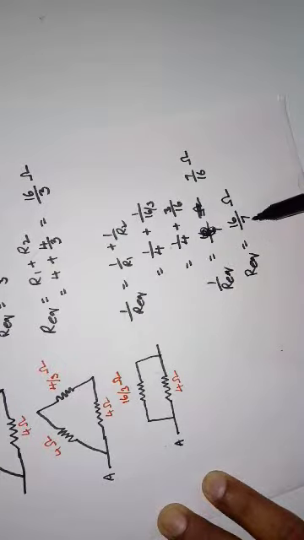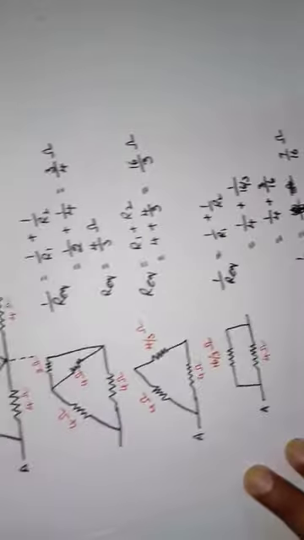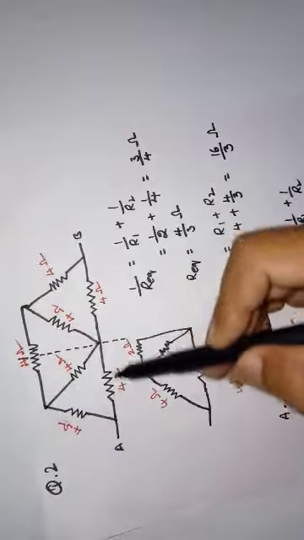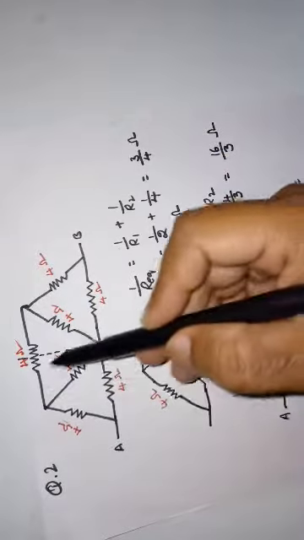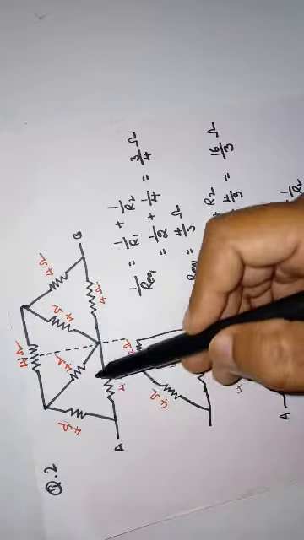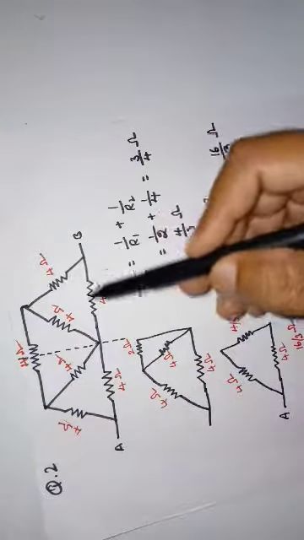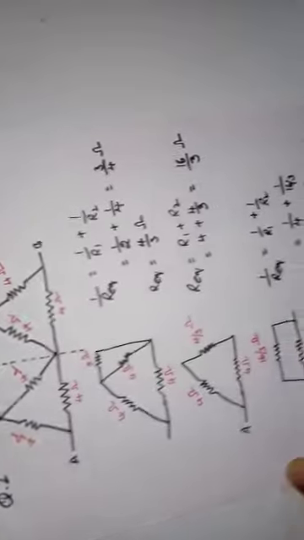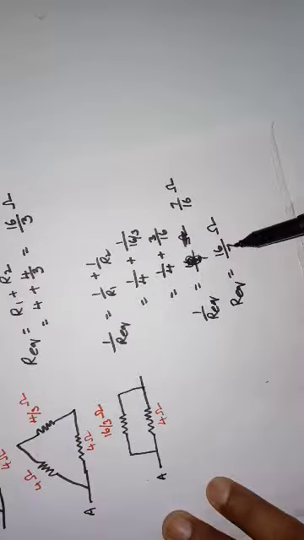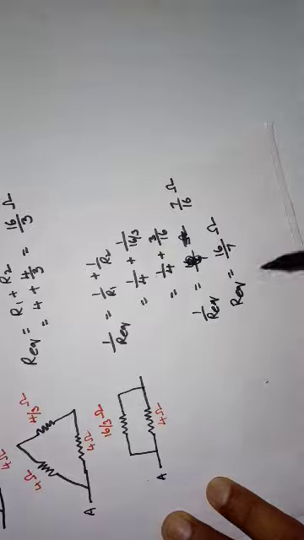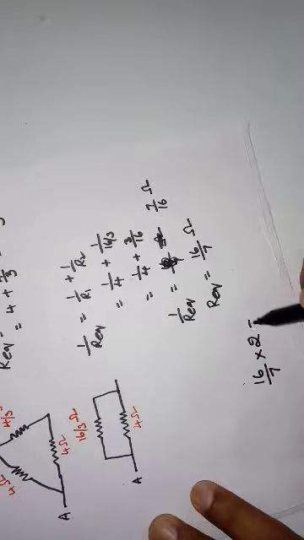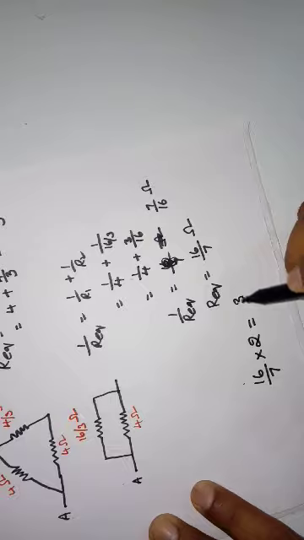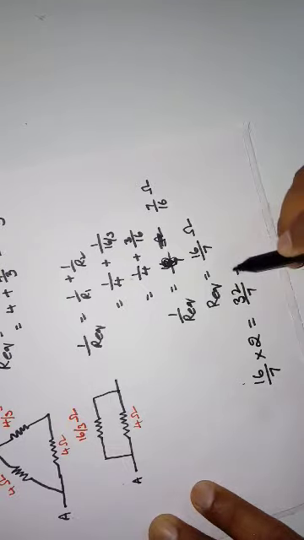So this is the equivalent resistance of half of the circuit. As this is a symmetrical circuit, we have calculated the equivalent resistance of the first half, and if we want to find the total equivalent resistance, we just need to multiply the equivalent resistance of the first half by 2, that is 16 by 7 multiplied by 2, which equals 32 by 7 ohms.